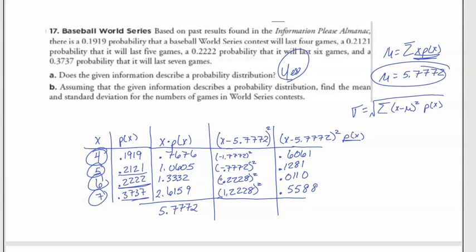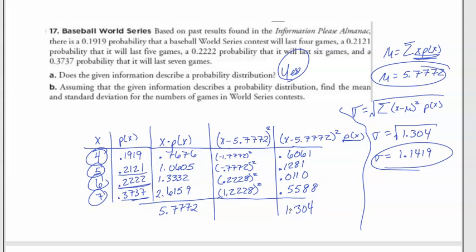Now I'm going to add this column. So when I add this column, I get 1.304. And then our standard deviation is going to be the square root of that sum. And when I plugged that in my calculator, I got 0.1419 for my standard deviation.